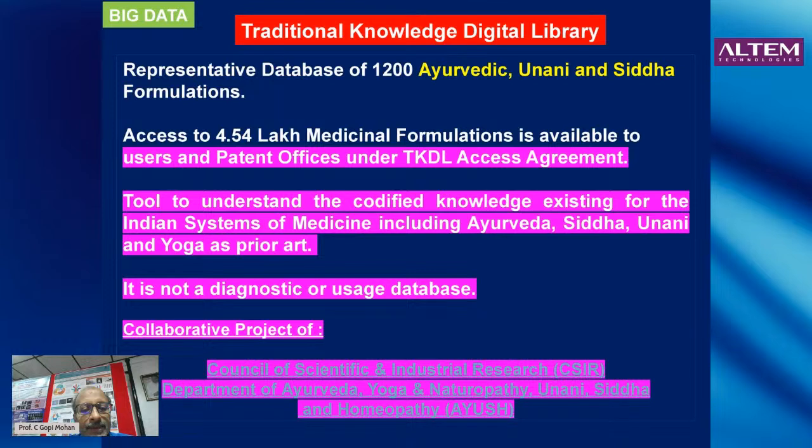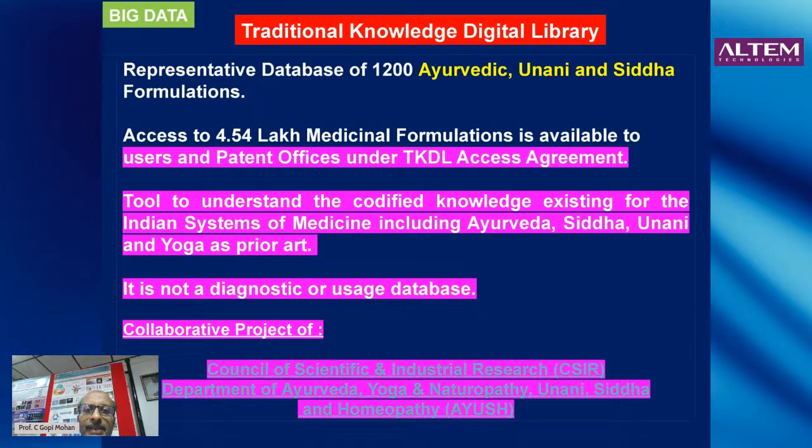This is already a collaborative project with CSIR New Delhi, as well as the Department of Ayurveda, Yoga and Naturopathy, Unani, Siddha, and Homeopathy, which we call in short form Ayush. All these are the big data which we can utilize in our latest trends, like machine learning or AI kinds of applications in natural product derived medicines or in the Ayurvedic system of medicines.